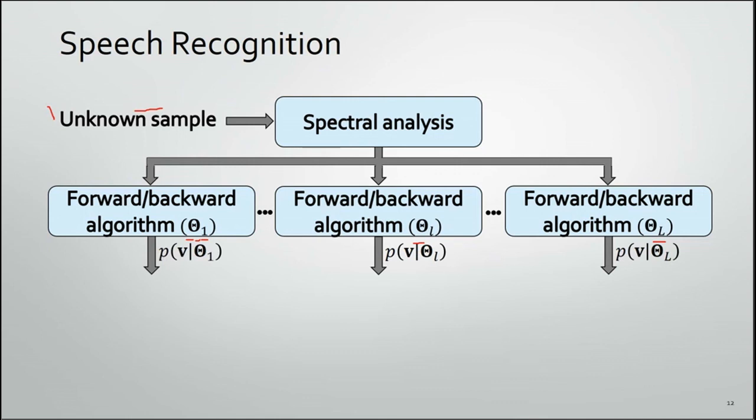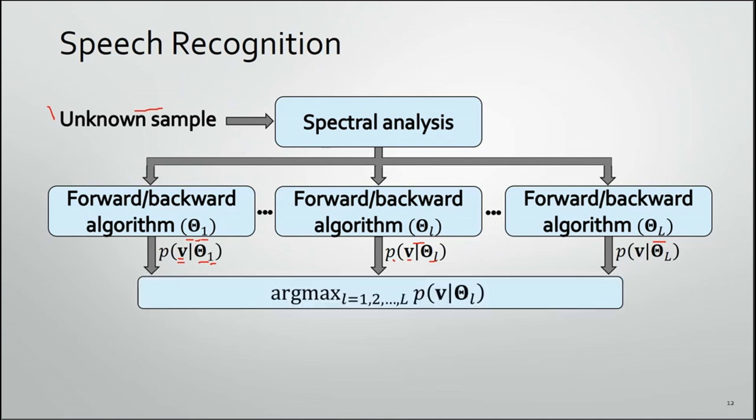And then that gives the probability of the unknown sample V. Probability of the output sequence being V if the word is the first word, and this is the probability of the output sequence being V if the word was yes, the English word yes, and so on.